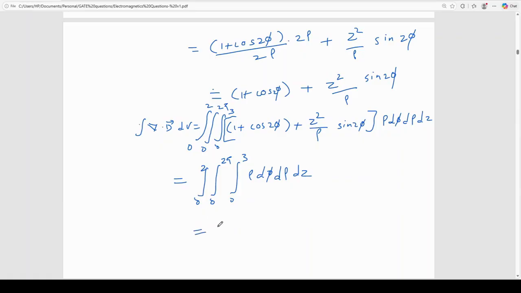So you get 2 into 2 pi, that is 4 pi, into the integral of rho d rho, which is rho squared by 2. Putting the limits 0 to 3, the lower limit becomes 0, the upper limit is 3 squared by 2, that is 9 by 2, multiplied by 4 pi, that is 18 pi, which is 56.5. And this is the answer.